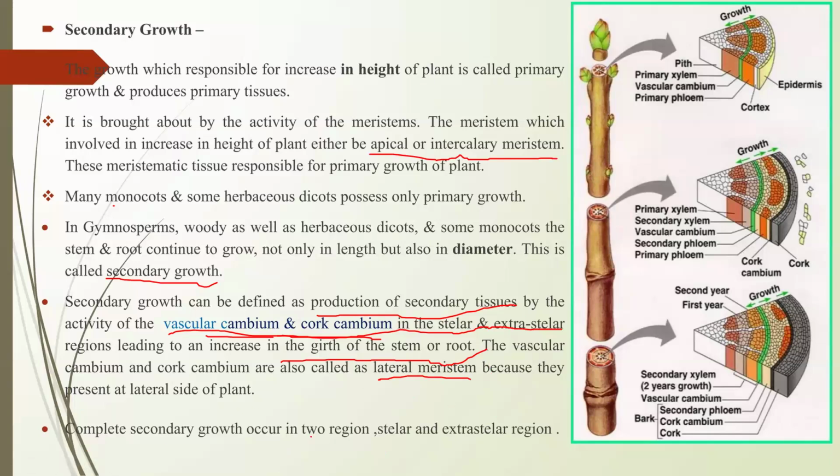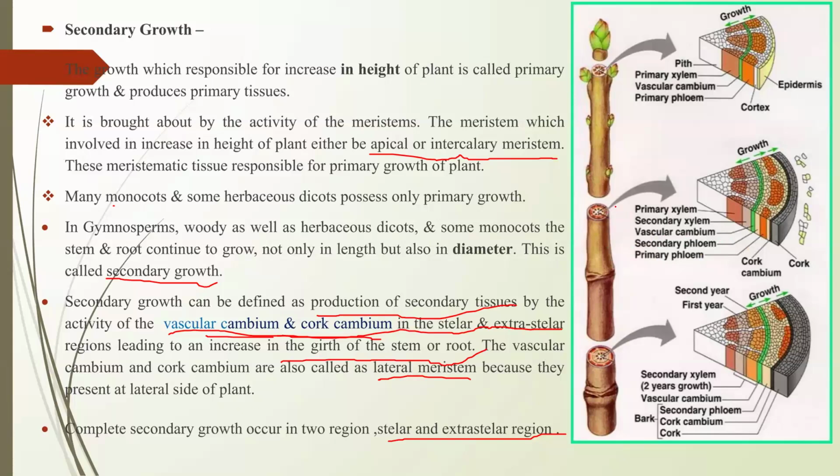Complete secondary growth occurs in two regions, the stellar region and the extrastellar region. When you observe the structure, at the tip region the primary xylem, vascular cambium, and primary phloem are present, and in the center the pith is present. Then we see primary xylem, secondary xylem, vascular cambium, secondary phloem, and primary phloem.